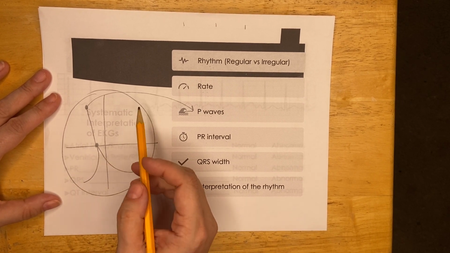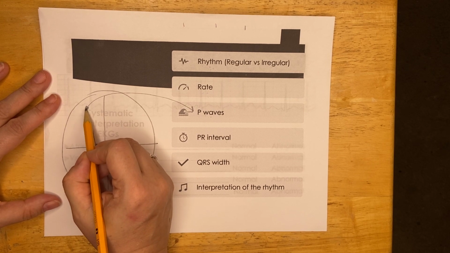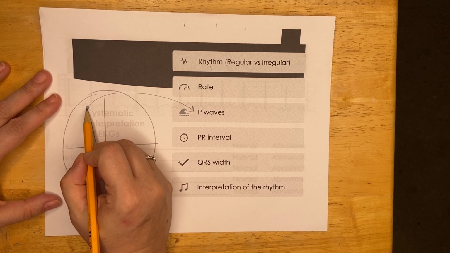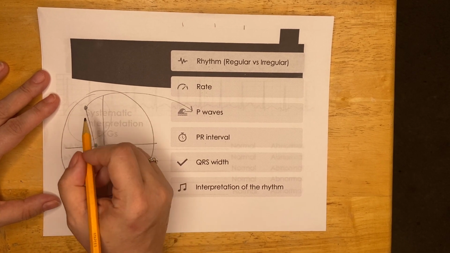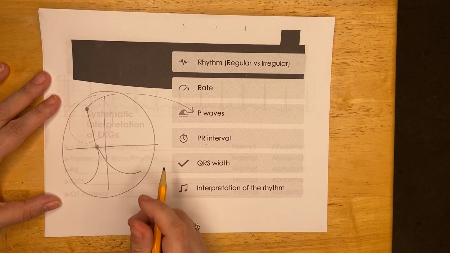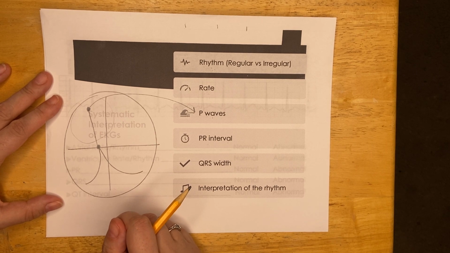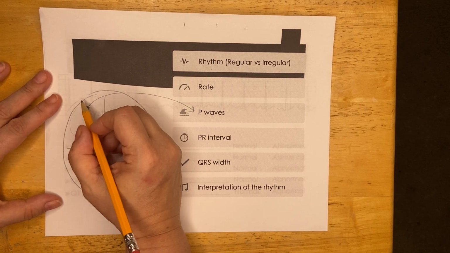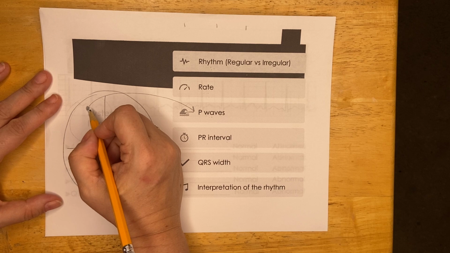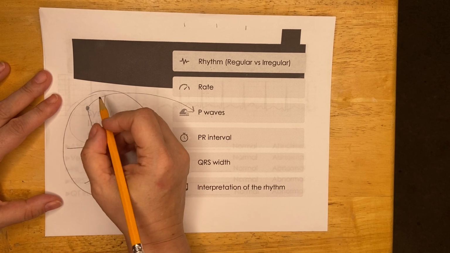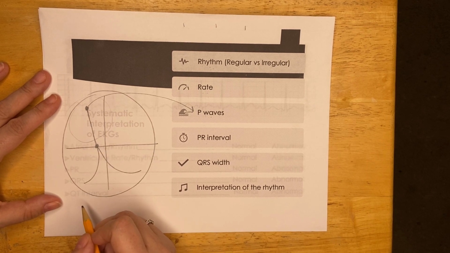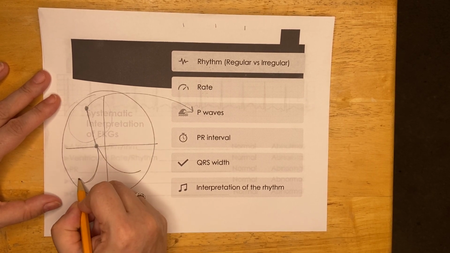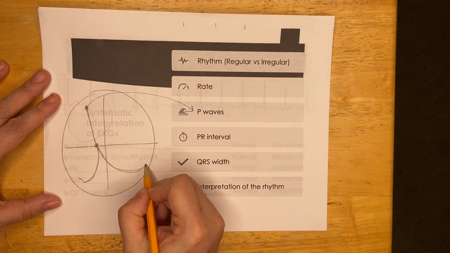So the P wave indicates there has been some activity here in the atria, typically from the SA node. We're going to see some exceptions to that. How the impulse should travel is down through the AV node and out to the fibers, okay?